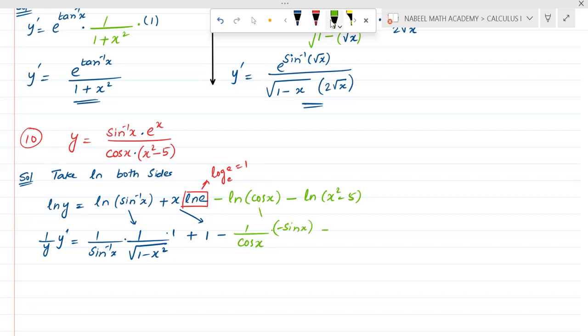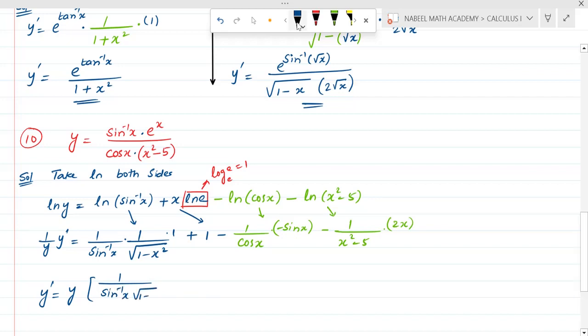Next for this part, 1 over x square minus 5 into 2x when you differentiate inside. Now I write the final answer: y prime is equal to y times of 1 over sine inverse x square root of 1 minus x square plus 1 minus of minus it becomes plus sine over cosine, which is tan x, minus 2x over x square minus 5.